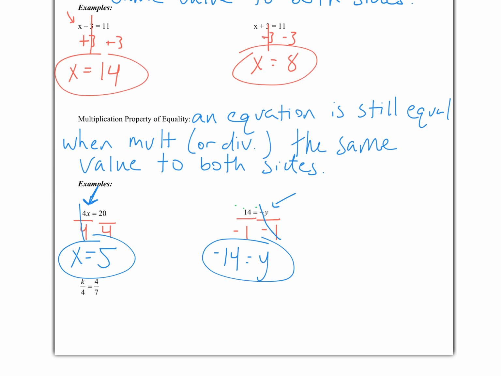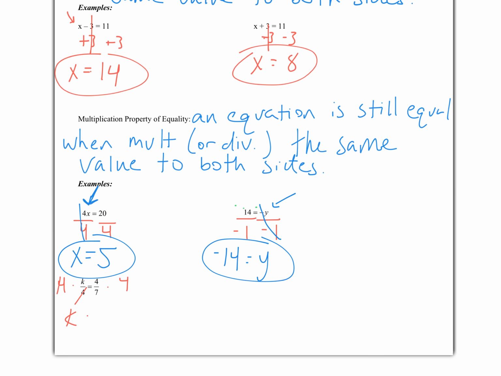The last one down here is set up like a proportion. One common strategy is cross multiplication, and that's perfectly fine. But using this multiplication property, I'm just going to multiply both sides by 4. Since k is divided by 4, I'm choosing to multiply, because 4 divided by 4 just gives me 1.